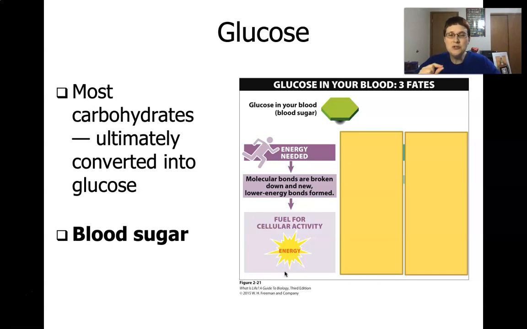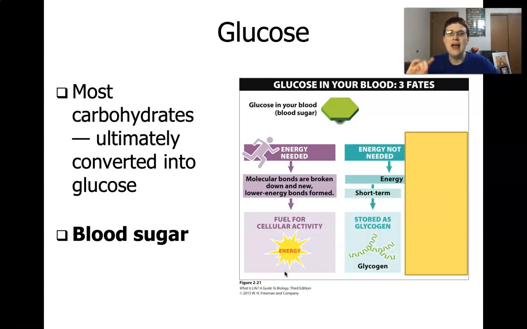However, today we usually eat more food, especially carbohydrates, than we need. So any of the energy you don't need immediately is going to go into storage. First, it'll go into short-term storage, which is another carbohydrate. We'll see this one later, called glycogen.